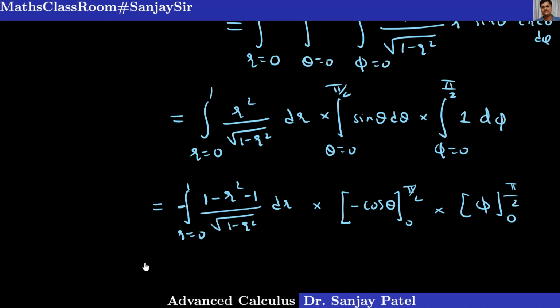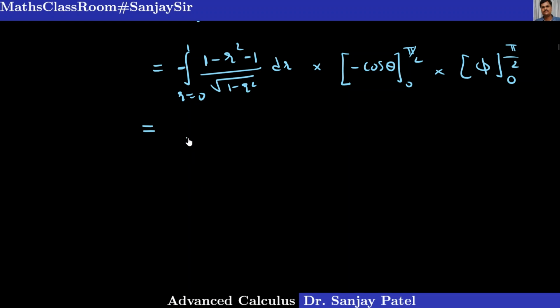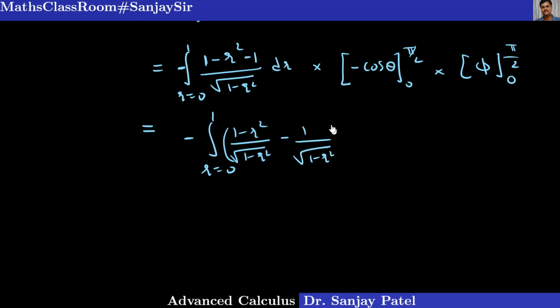Okay, so this gives us the value of this integral cos theta, that is cos pi by 2 is 0 and cos 0 is 1, and we'll get 1 only, and this I can write as minus integral r is equal to 0 to 1, say 1 minus r square upon square root of 1 minus r square minus 1 upon square root of 1 minus r square dr into 1 into pi by 2.